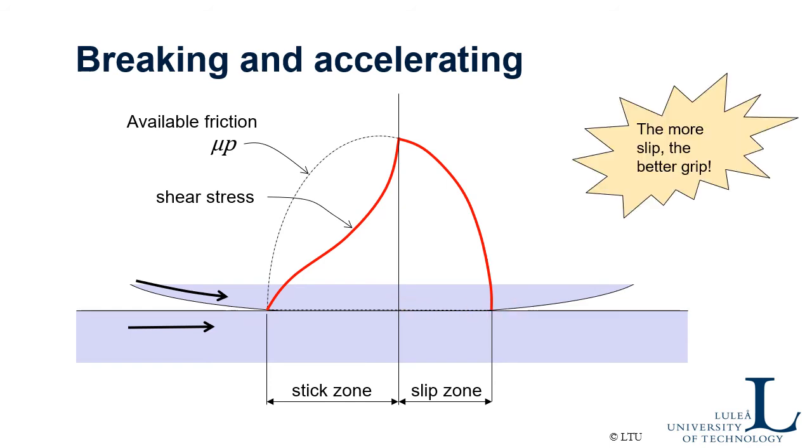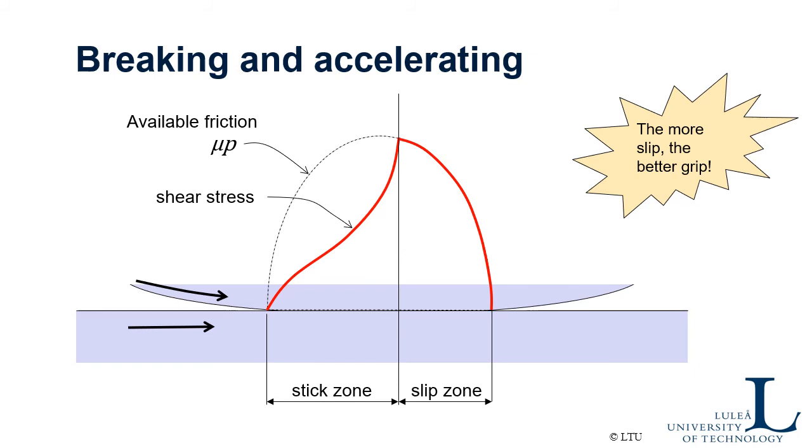And that means also that the sooner you can reach the available friction, the more friction you get. So actually the more grip you want, the more sliding you will need. So to get just before gross sliding, that's where you're skidding with the whole wheel, then you don't have any sticking at all. The sticking prevents the wheel from starting to slide completely.